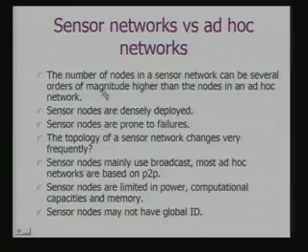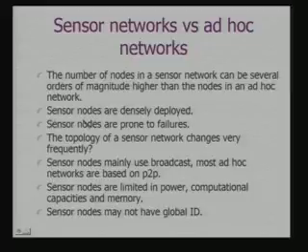But by nature, sensor networks are different from classical ad hoc networks. The differences are the following. First is the number of nodes in a sensor network can be several orders of magnitude higher than the nodes in an ad hoc network. Okay?